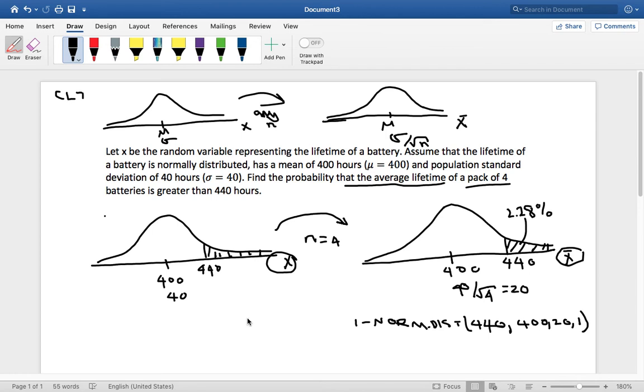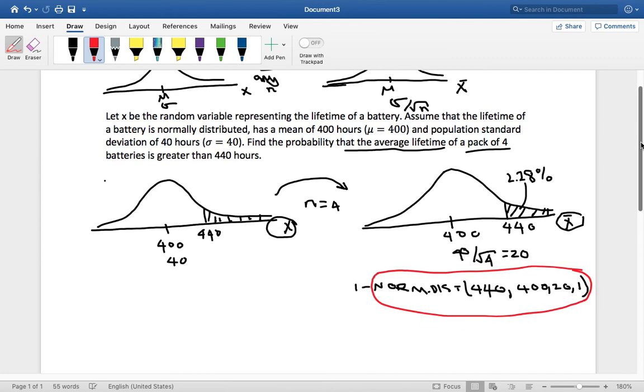And the equation over here would be very, very similar, but instead of using 20 for the standard deviation as we did over here, we just use 40. The other way they could have asked the question is, what's the probability that the average lifetime of the 4-pack of batteries is less than 440 hours? Well, that would have just been working out this, because this would work out the area to the left.